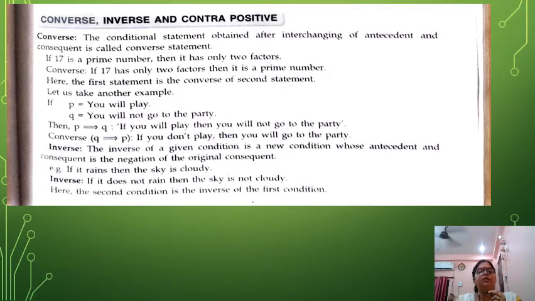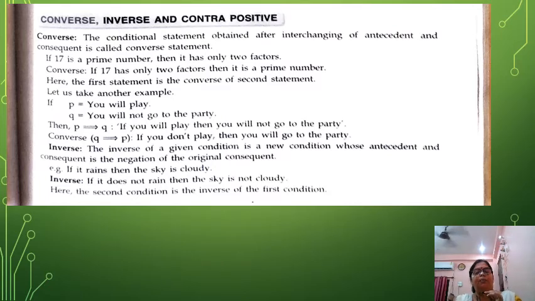Here the first statement is the converse of the second statement. When we change the antecedent and consequent, P will become Q and Q will become P, then it is converse. See, this is the sign of converse for implication.